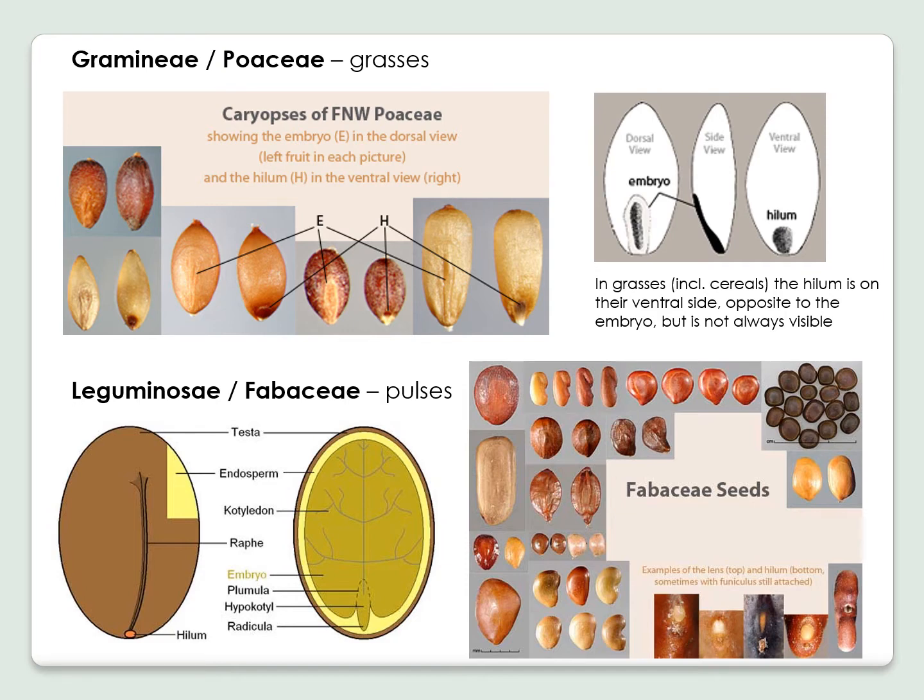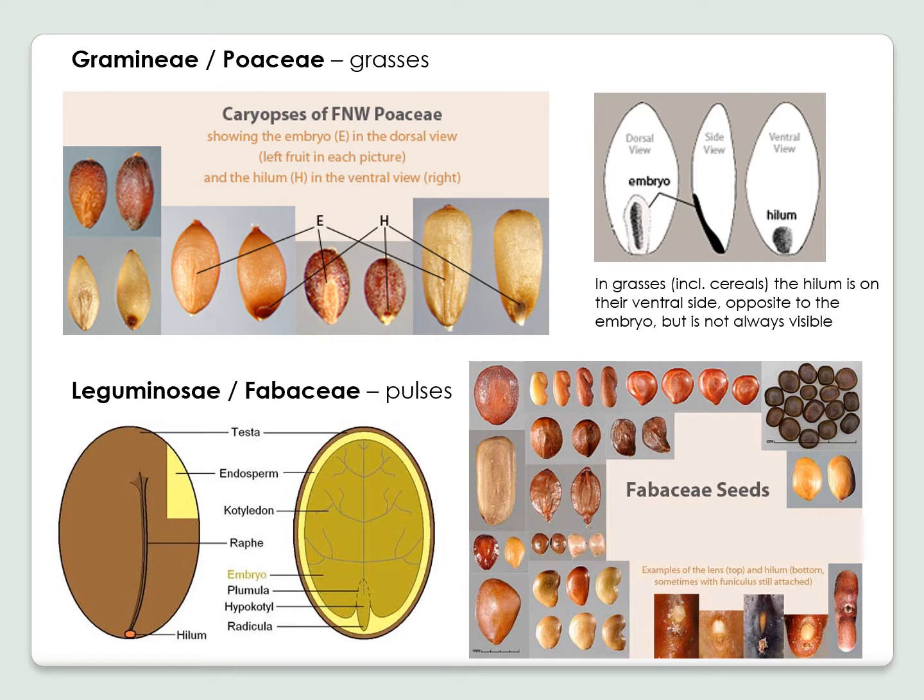Within the dicotyledonous plants, the embryo is placed between the two cotyledons of a seed, so is not visible without splitting the seed. In the monocotyledons, to which the grasses belong, the embryo is visible.